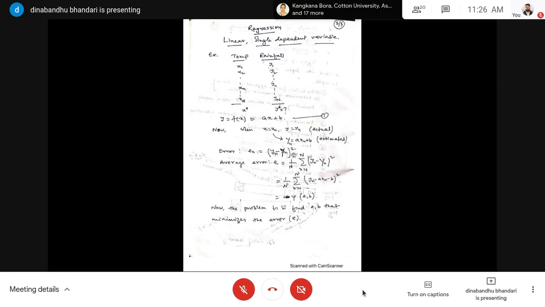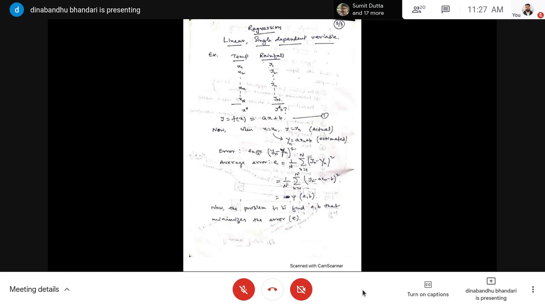The absolute function is not a well-behaved function, we know that, so it is better to avoid it. That's why we consider the square error, and this is similar to the absolute error.